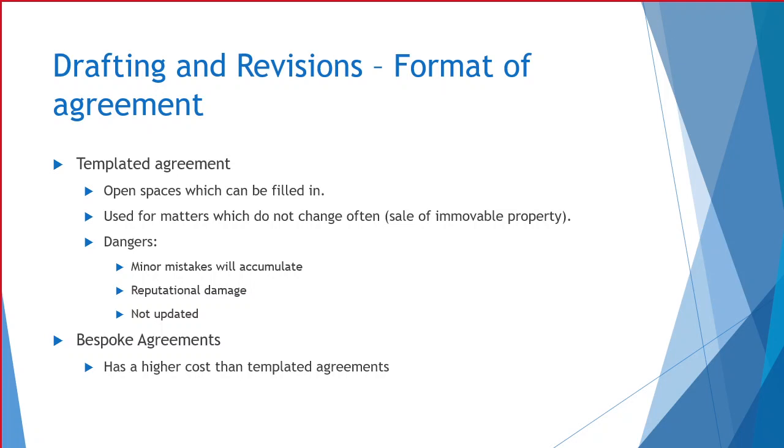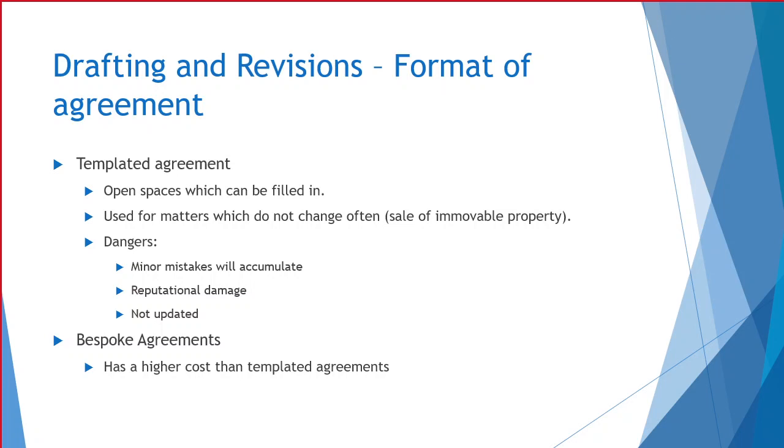Fair enough. But bear in mind, these are the most dangerous, because if you make a minor mistake, those mistakes will be replicated. And worst case scenario, you'll have to litigate upon those very same mistakes. In other words, trying to enforce something that you know to be problematic to begin with. So bear that in mind.